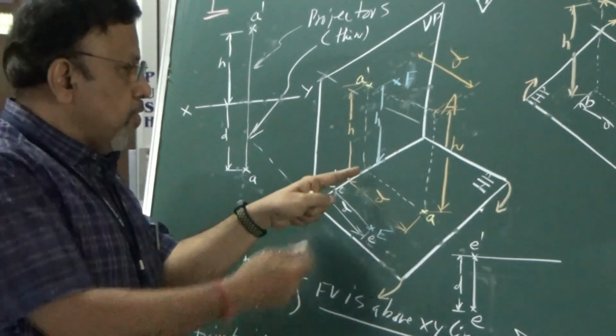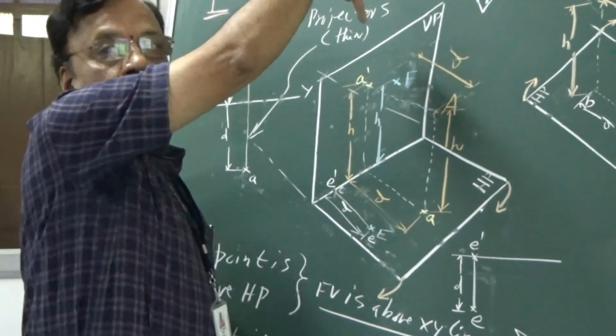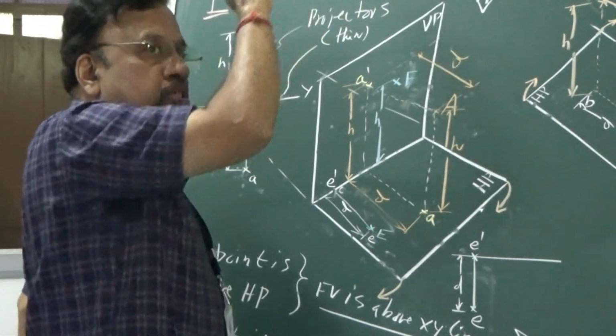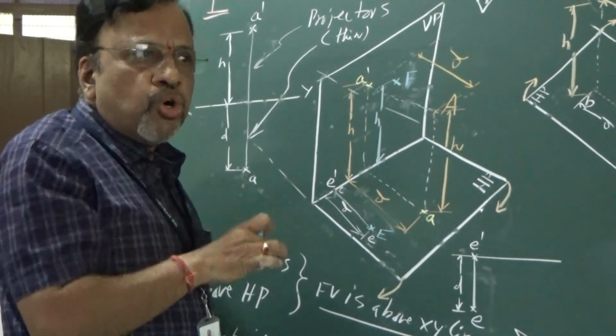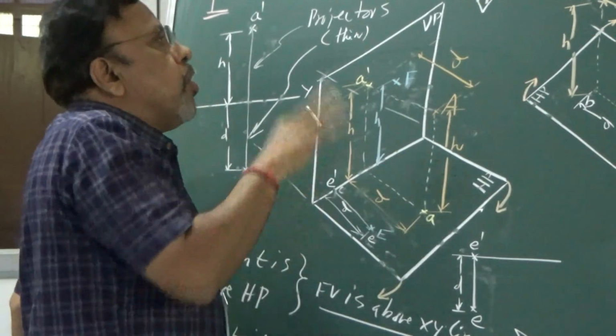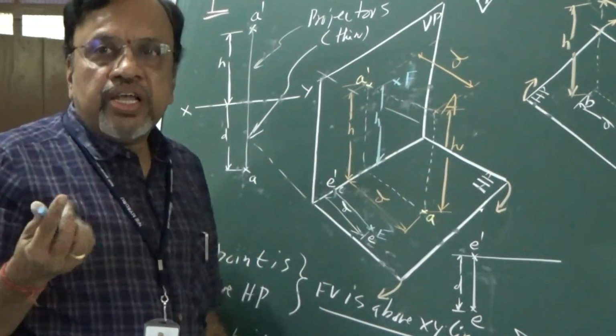Now as usual, if I want to draw the projections, how do you do it? Let us say I will look from the top. Always remember, in the top view we see VP details. Now the D distance is 0, so we expect that the top view point of F should be on XY line itself.